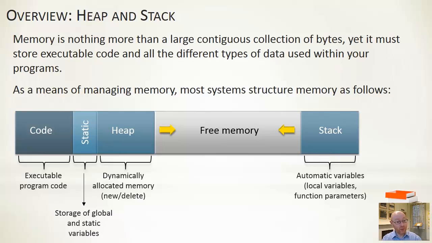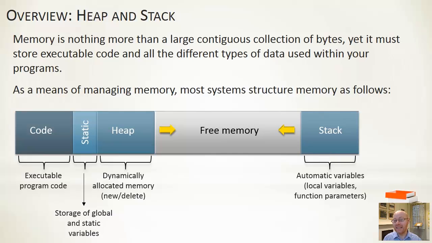Now, we've introduced the concept here of the heap and the stack. When we're having a look at dynamic memory allocation, we're going to be coming back to that, because in C++, to much more of a degree than compared to, say, C# or Java, you have a lot of control over where you get to allocate your data.